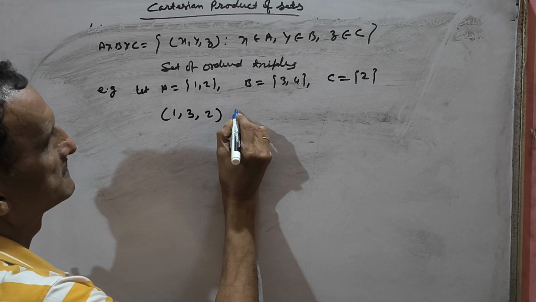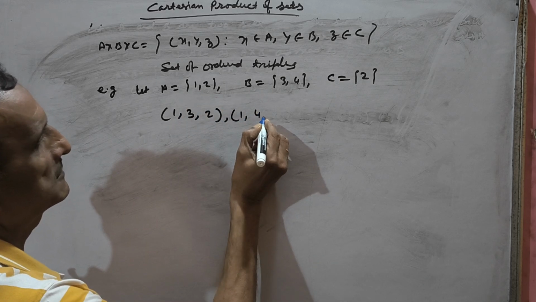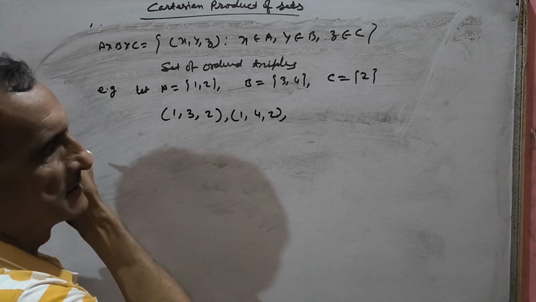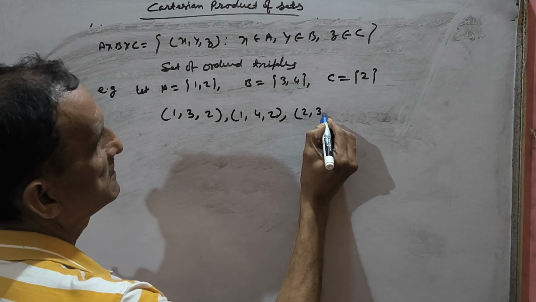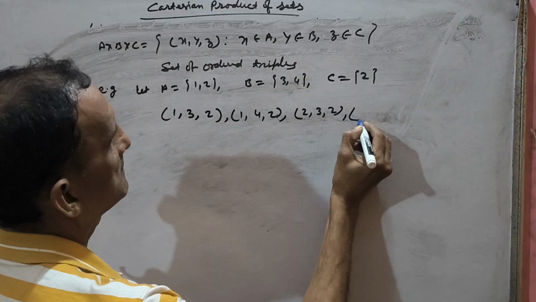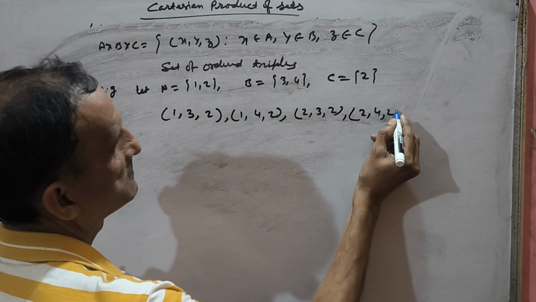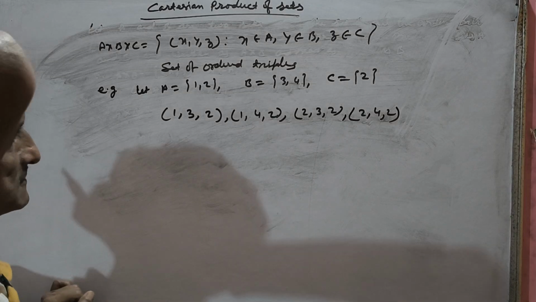Then what will we make? First 1 and 3 we have got. Now we have got 1, 4, then 2. Now completed with 1. Now start with 2: 2, 3, 2. Then 2, 4, 2. That's all. Completed.